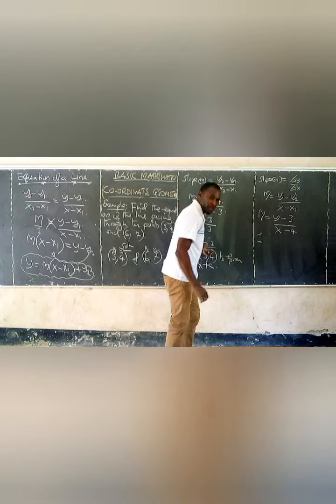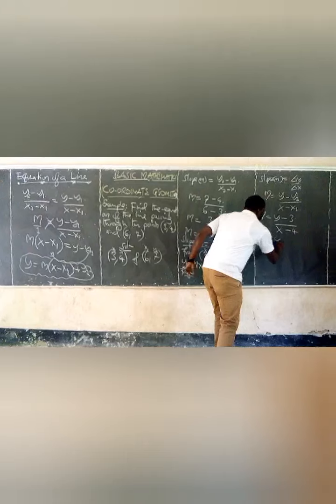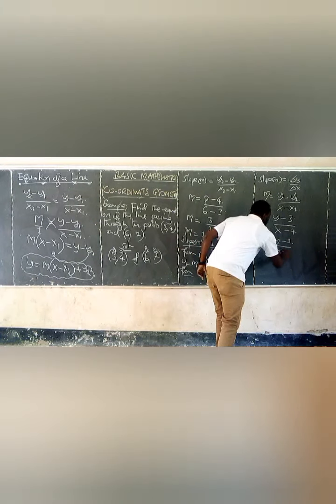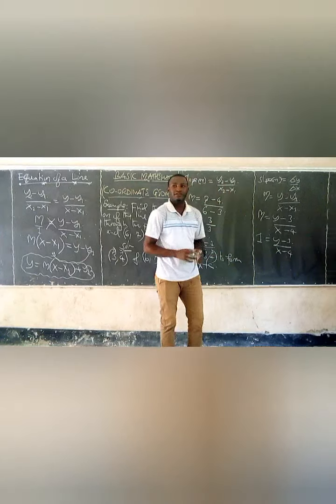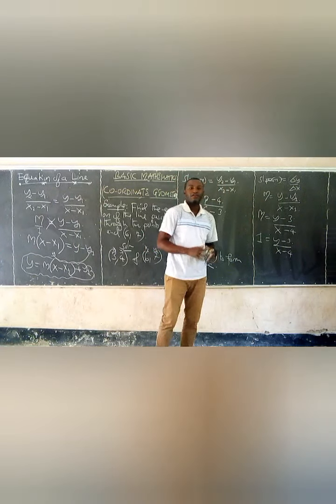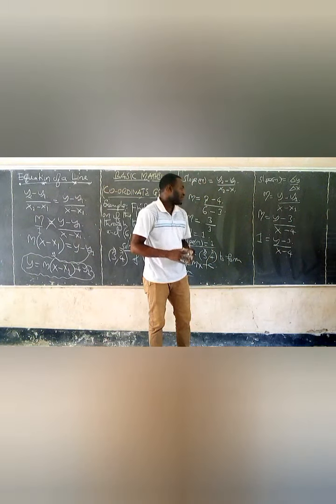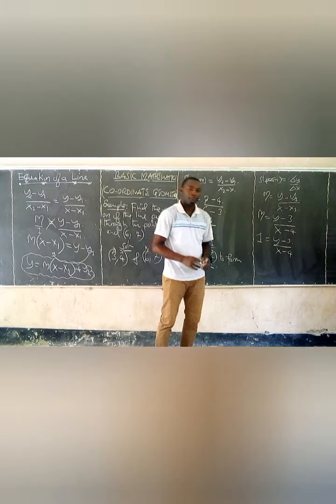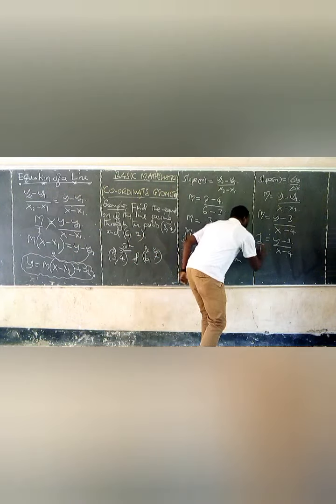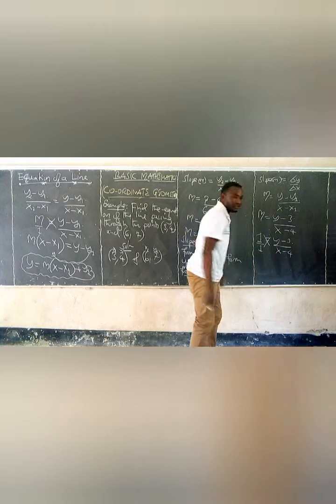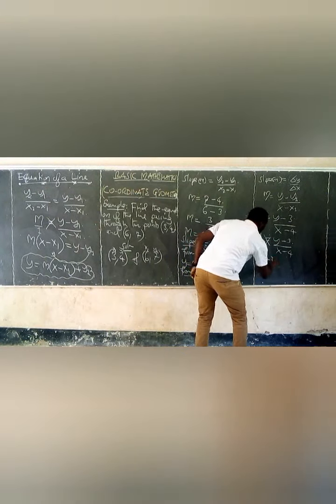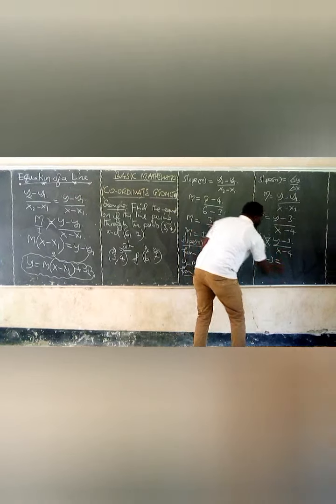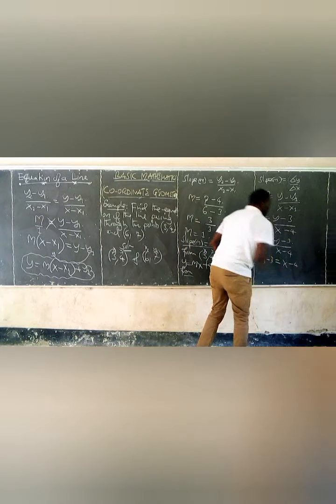This is equal to y minus 3 over x minus 4. But according to mathematical jargon, any number or letter standing alone is divisible by 1. So we divide by 1, then cross multiply: 1 times y minus 3, say y minus 3, is equal to 1 times x minus 4.